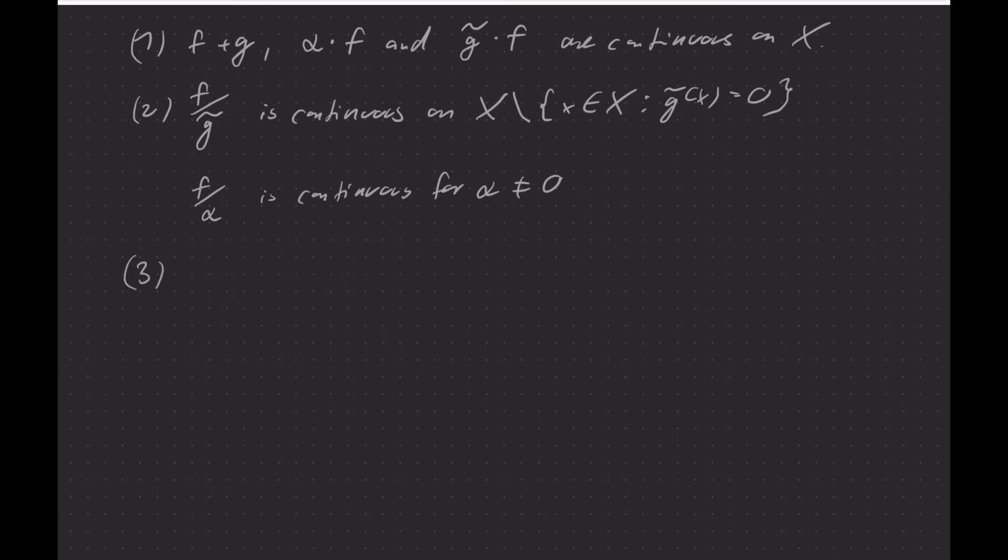Next thing we can do is we can compose two functions. So let's define another function here in another domain. Let Y be in some R to the k, and consider a function h defined on Y with codomain in X. Let's say this is continuous.